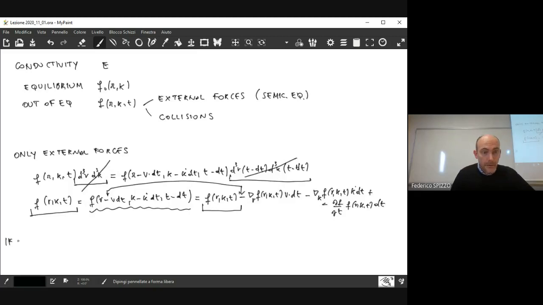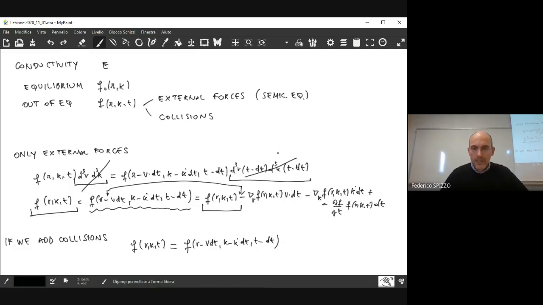If we add collisions, we have that f at time r, k, t is equal to f of the previous time.